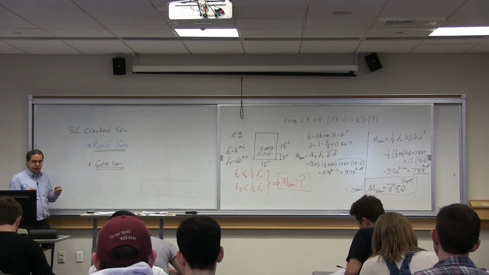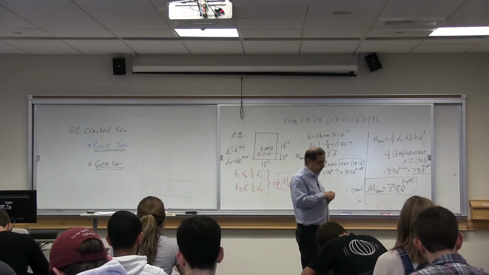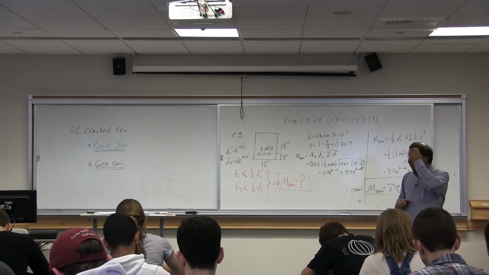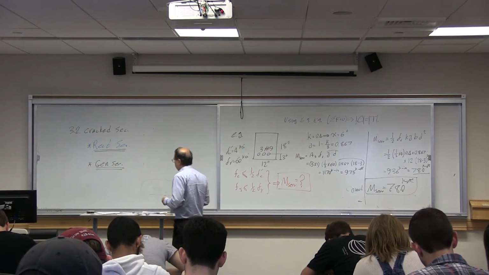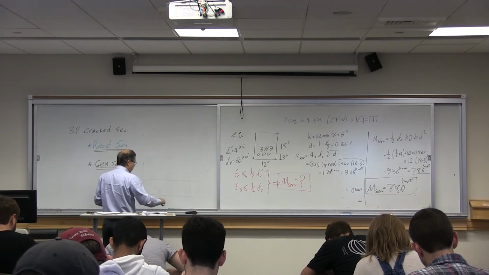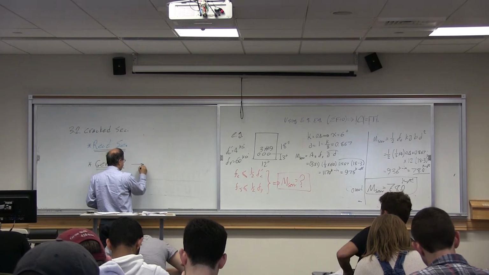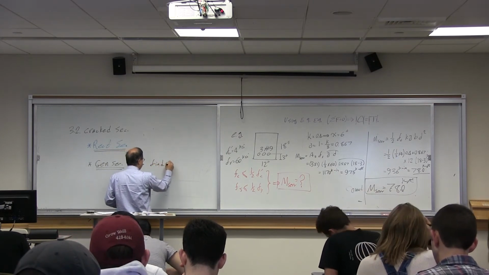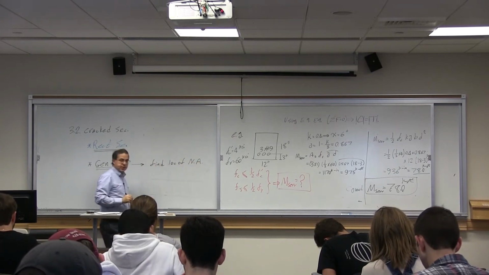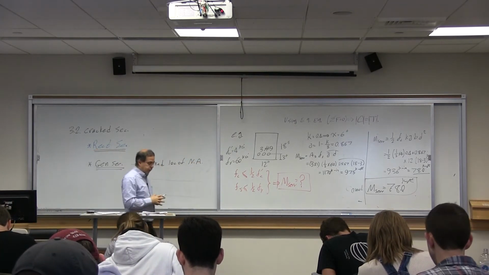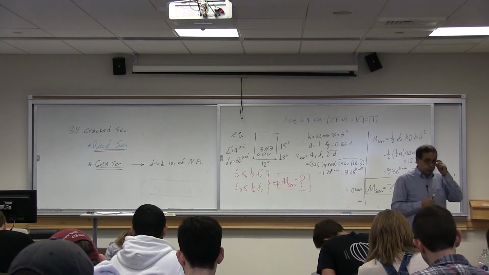Now we want to talk about the general section, any shape. Find the location of the neutral axis. That's the same as before. You find the centroid of the section, and that's the location of the neutral axis.